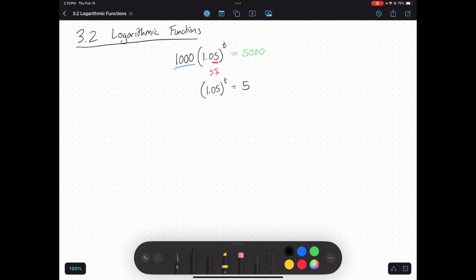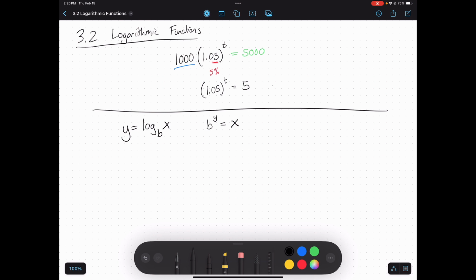So, what a logarithmic function is: y is equal to log b of x. And what it does is it answers the question of what power would I need to raise my base to in order to get x. Okay?